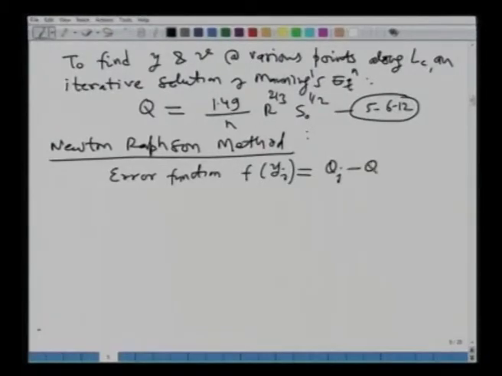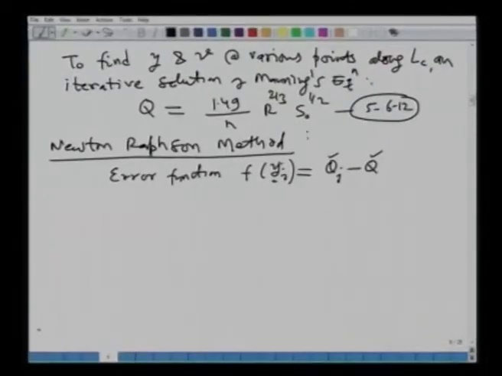This Q we already know, as we have already determined it using the overland flow. Qj is an iterative Q which we are guessing based upon this value of yj. In ideal conditions, y should be such that Qj is equal to Q, so that your error is 0. That is our objective: to determine f of y using the Manning's equation. How do we do that?